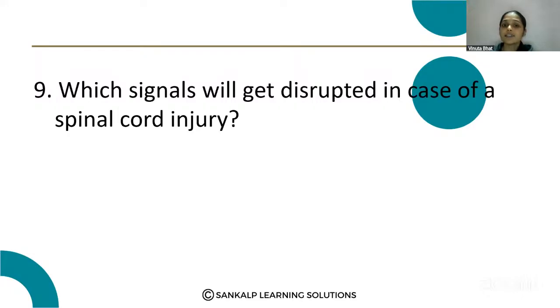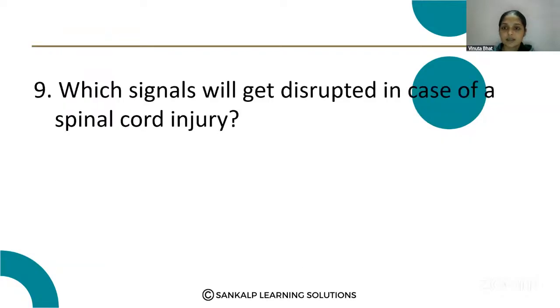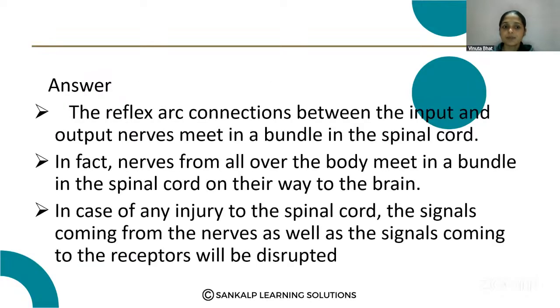Which signals will get disrupted in case of a spinal cord injury? The reflex arc is the connection between input and output nerves that meet in a bundle in the spinal cord. So if the spinal cord gets injured, that will get disrupted. In fact, nerves from all over the body meet in a bundle in the spinal cord on their way to the brain.